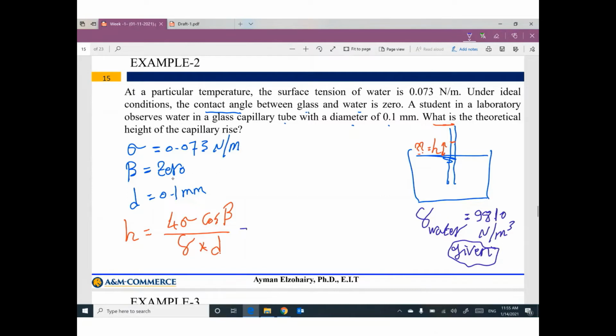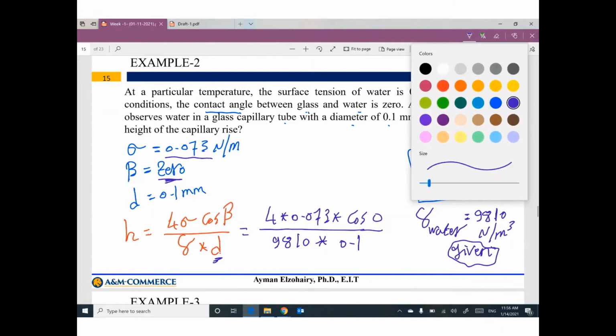Anyway, let's do it. So the capillary height H equals 4 sigma. Sigma is given, which is the surface tension, 0.073, times cosine beta, which is the contact angle between the water and the glass, which is 0, cosine 0, divided by gamma, 9810. The diameter of this tube is given, 0.1.